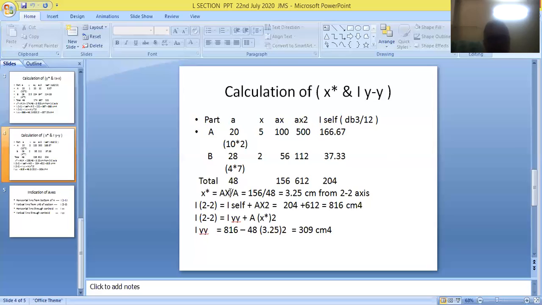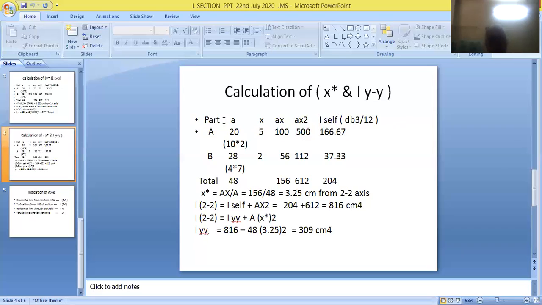Because we have to measure the value of x bar and ultimately we have to measure the value of IYY. So instead of taking y values as done in the previous slide, here we have to take the x values only for making these calculations.